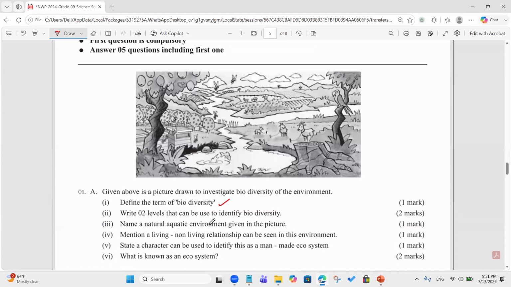Write two levels that can be used to identify biodiversity. The levels mean mainly we identify diversity in the species, genetic diversity, or ecosystem diversity. You can write two of them and take 2 marks, right? Name a natural aquatic environment given in the picture. What did you identify here?